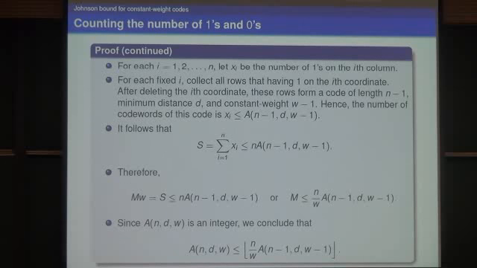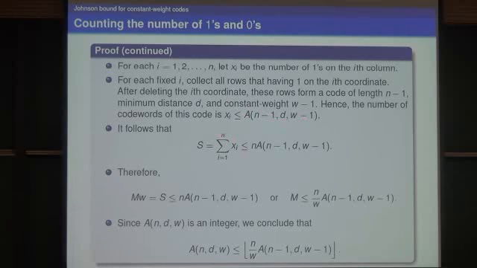The minimum distance is still the same, d, but the weight is reduced by 1 because we already deleted the 1 on that coordinate. So x_i should be smaller than this one. The length is n minus 1 and the weight is w minus 1. The minimum distance is the same.